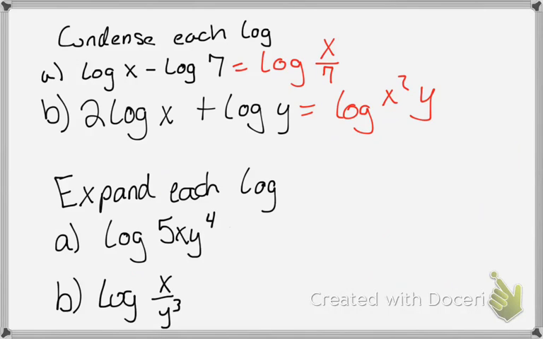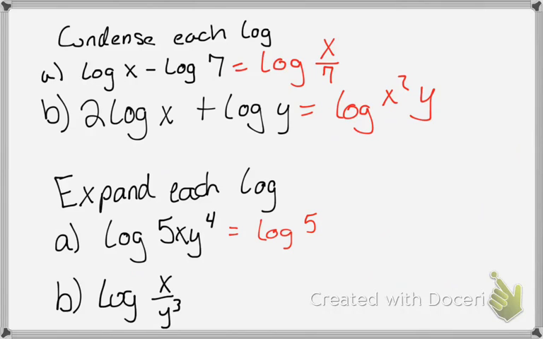Now on part A and part B down here at the bottom where I'm asked to expand, you really need to be looking at how many terms do I have here. On part A, I have 3 terms. I've got my 5, I've got my x, and I've got my y to the 4th power. So when I'm looking at these, I'm going to have 3 different logarithms.